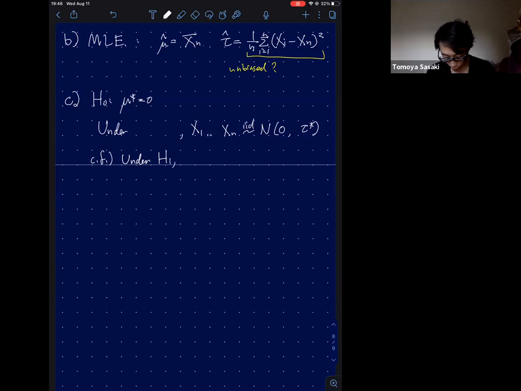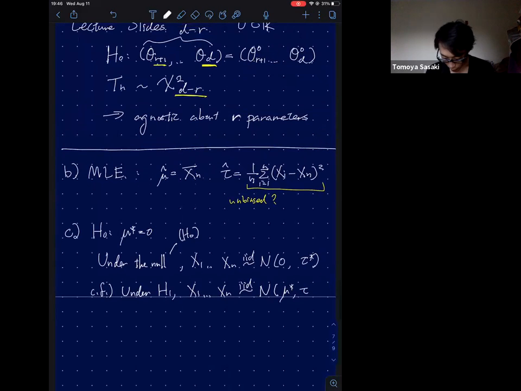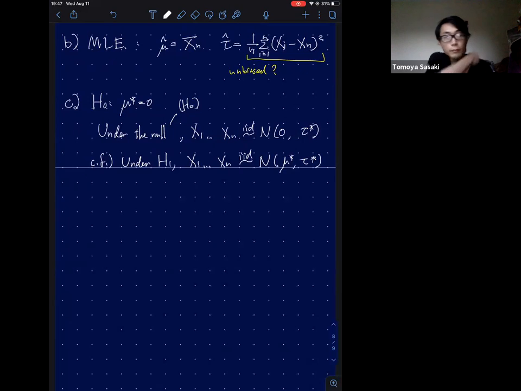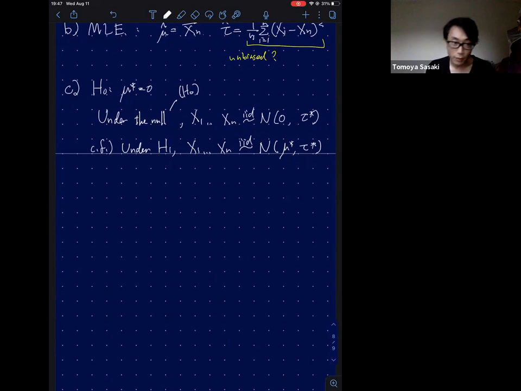Let's say under the null, sorry, I ran out of space, but under H1, x1 to xn follows this normal distribution with mu star something other than 0. And that's our hypothesis.